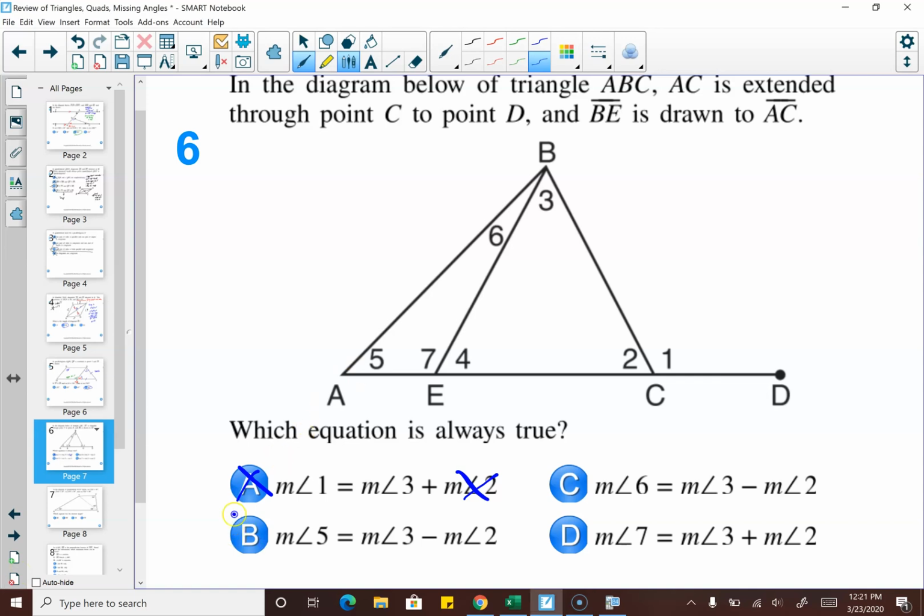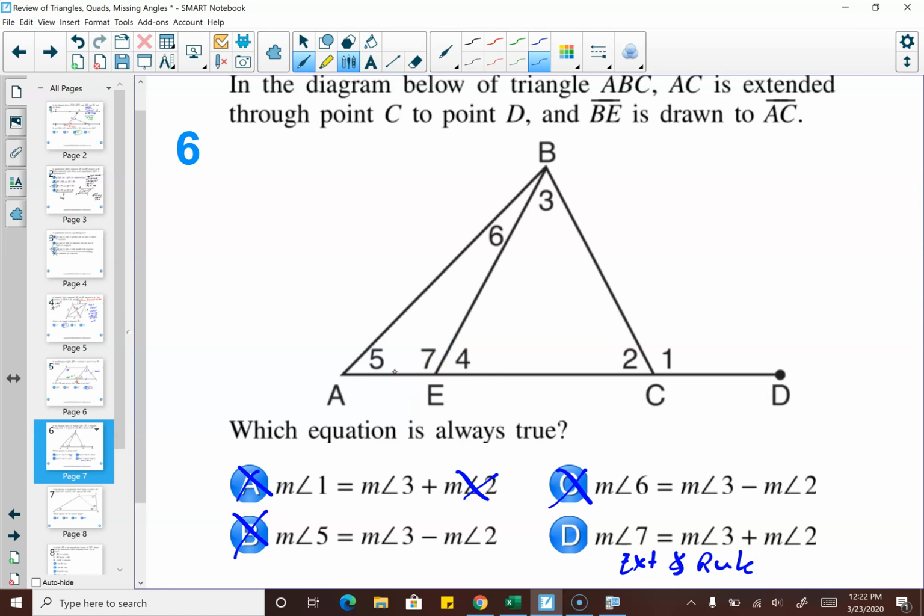They're part of different triangles and sort of a part of the same triangle because angle 3 is not really all of angle B. See, angle 6 is 3 minus 2. That's kind of the same thing. They don't really connect in any way. The last one, choice D, angle 7 is congruent to angle 3 plus 2, and that right there is our exterior angle rule, which states 7 is the exterior angle here of that triangle.